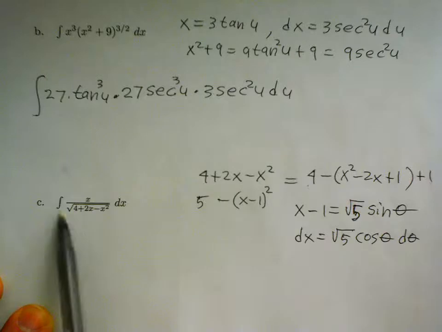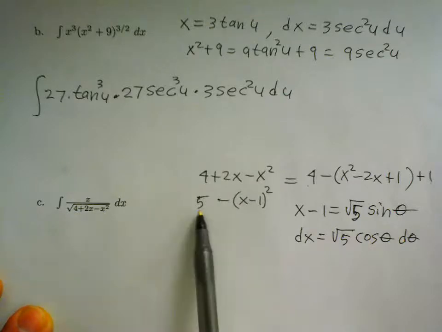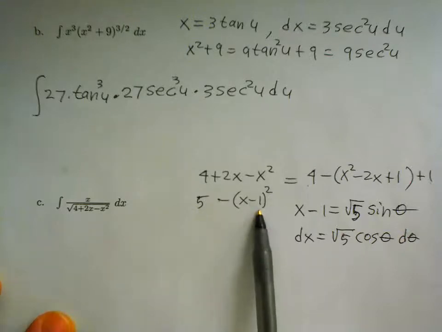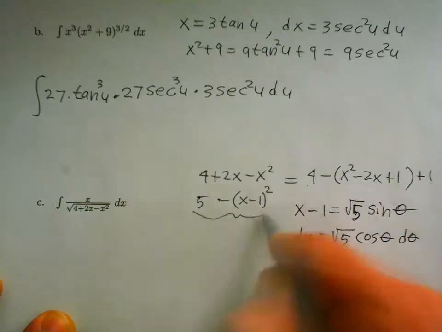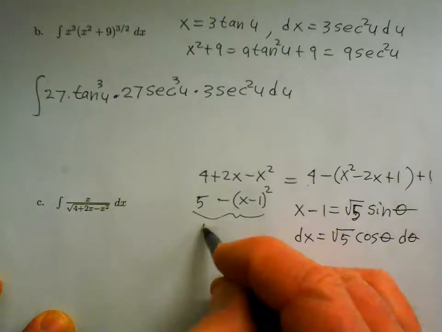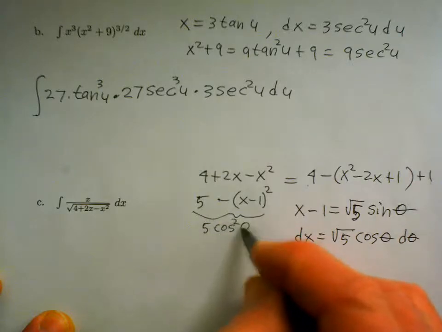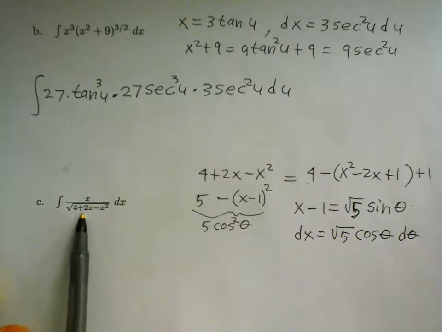Okay, so inside the square root, in the denominator, the square root of 4 plus 2x minus x squared is equivalent to 5 minus the quantity x minus 1 squared. And when we make substitutions into that, this is going to simplify to 5 times cosine of theta squared.